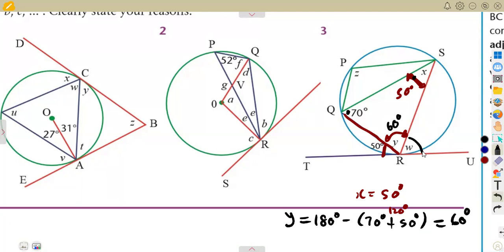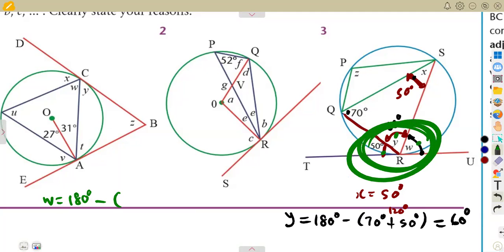Also, we can calculate angle W. Angles on a straight line add up to 180 degrees. I talked about that. So the angle of 50 degrees, the angle of 60 degrees and the angle W together sum up to 180 degrees.